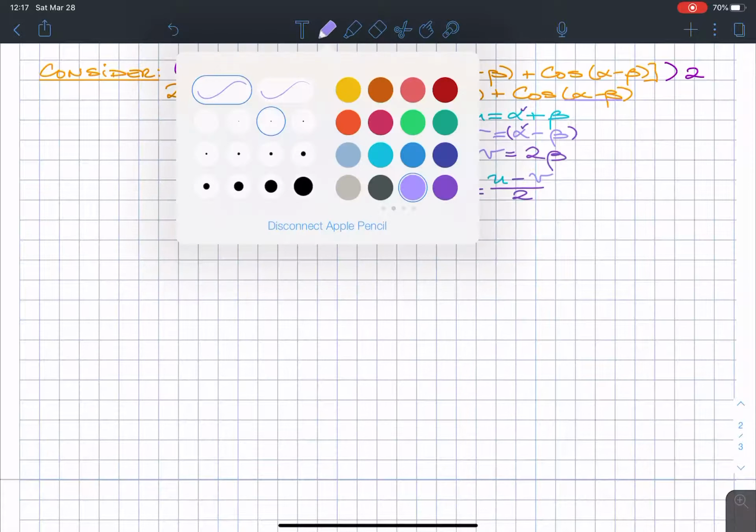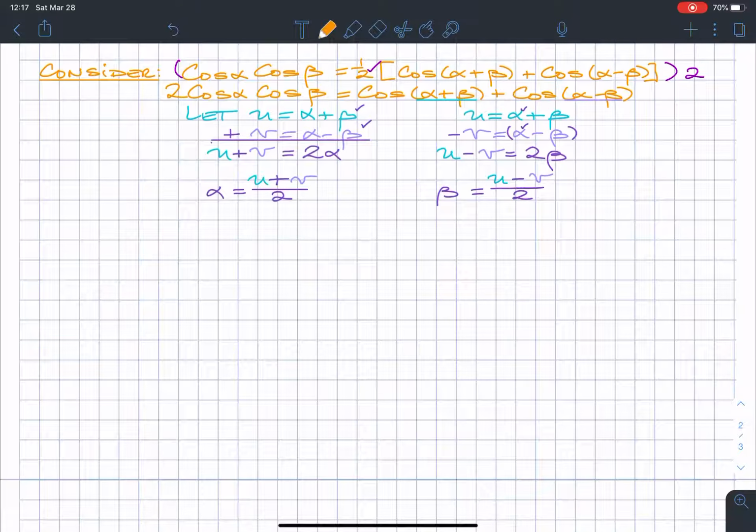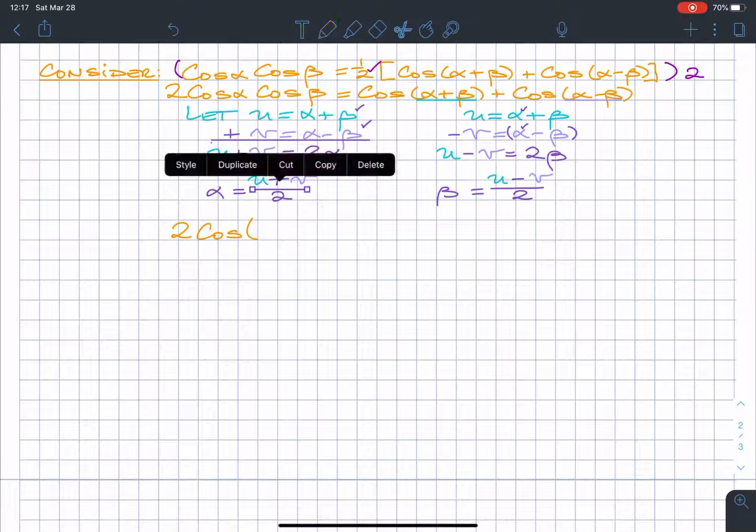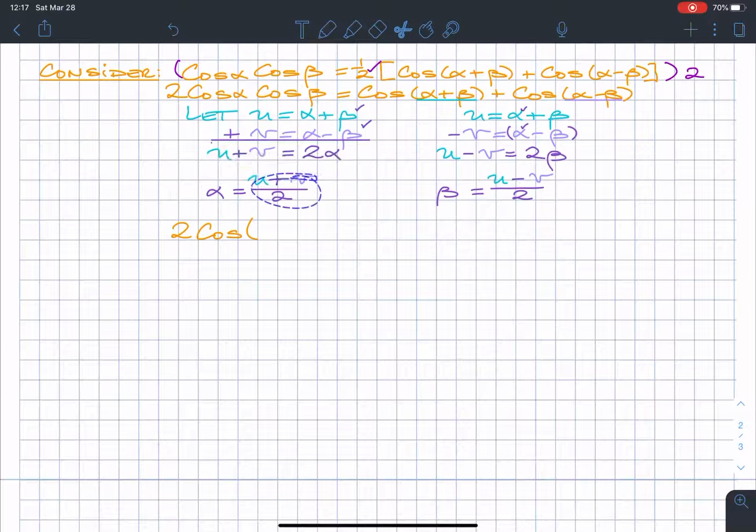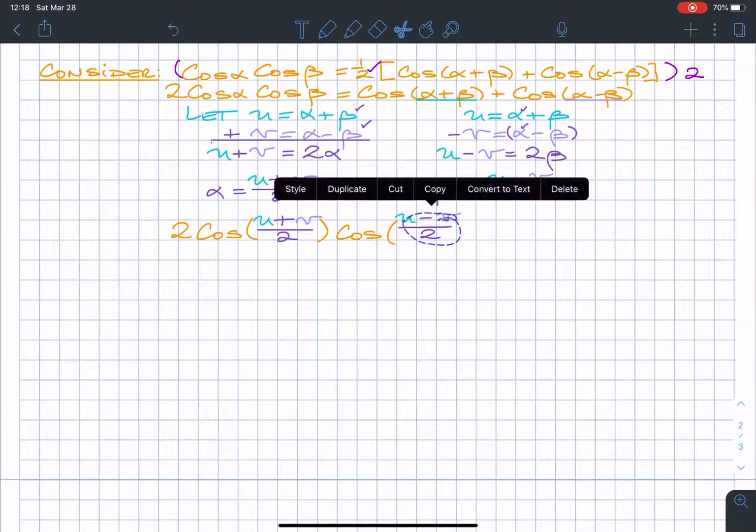Okay, so let's rewrite now 2 cosine alpha. Well, what is alpha? It's u plus v all over 2. So u plus v divided by 2 is now alpha, times cosine of beta. Well, what is beta now? It's u minus v divided by 2. And you might say, well, you just complicated things.